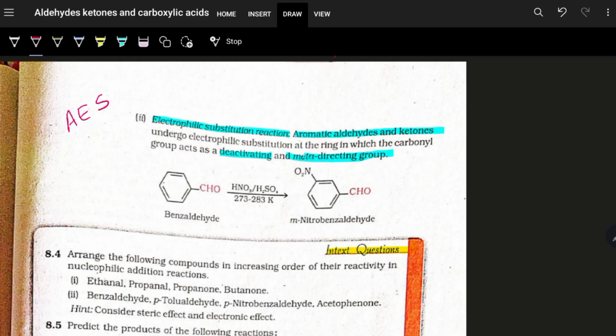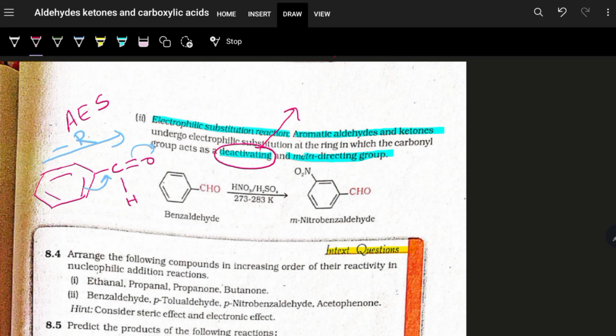See, this linkage is what type of linkage? This is a C double bonded O linkage. Now here we can see that this is having minus R effect. So for minus R effect, the CHO group is deactivating. And why is it deactivating?